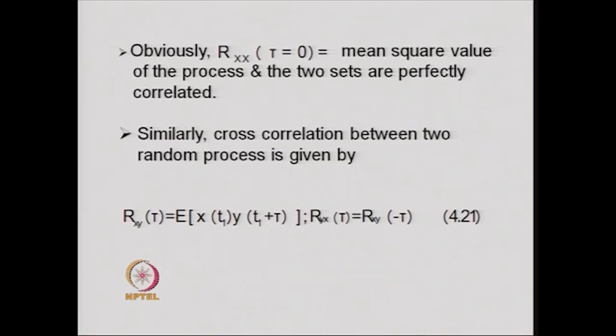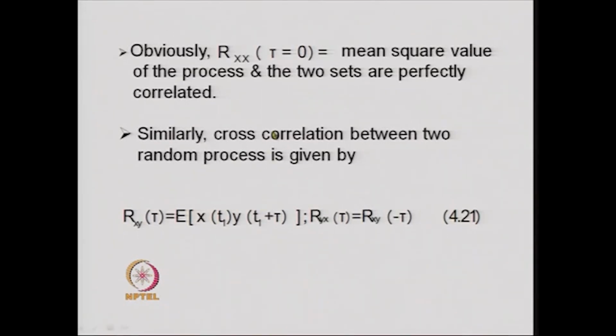If tau is equal to 0, then you can see that Rxx(tau) becomes equal to the expected value of x(t) squared, or Rxx(tau) becomes equal to the mean square value.